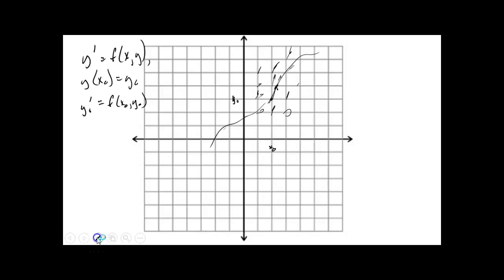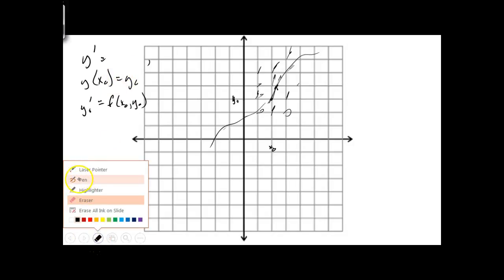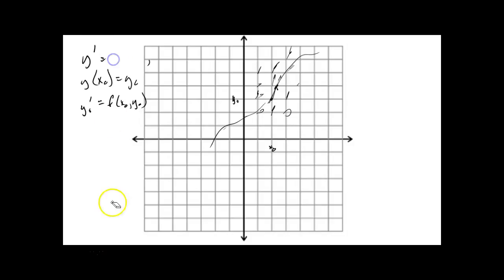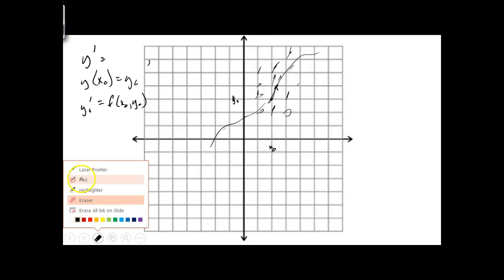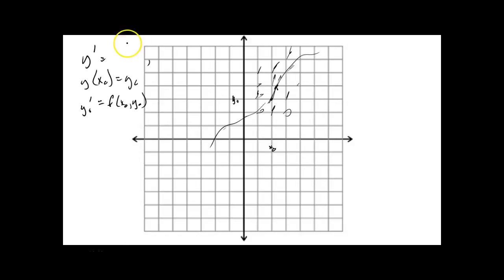So I'm going to erase some of this. Your f of x, y here is going to be this function: 0.1 times the square root of y plus 0.4x squared. Goodness gracious. The pen won't come back. There it comes. 0.1 square root of y plus 0.4x squared.